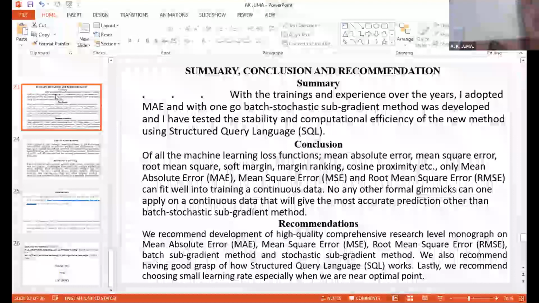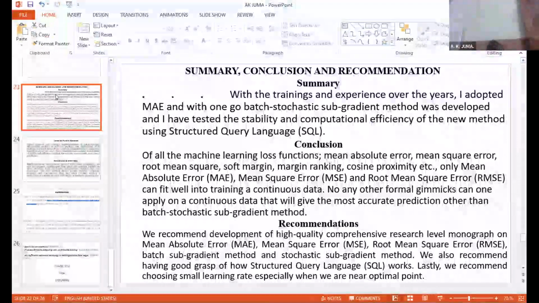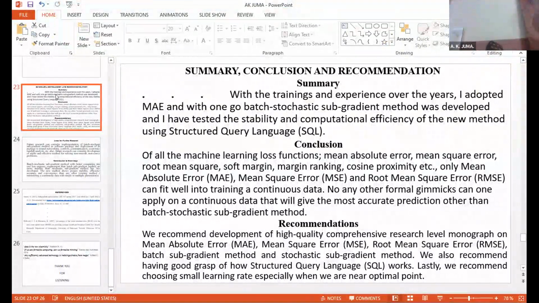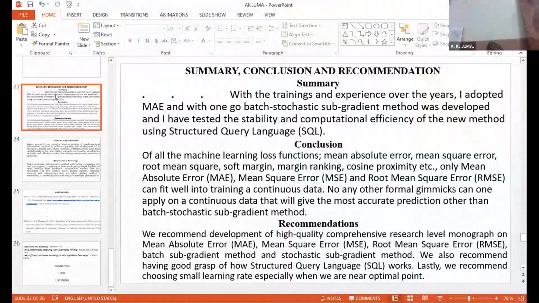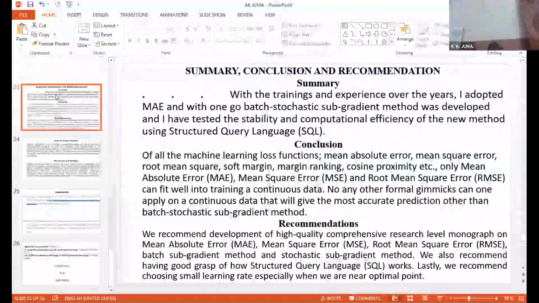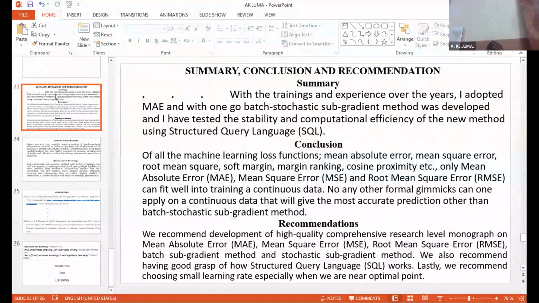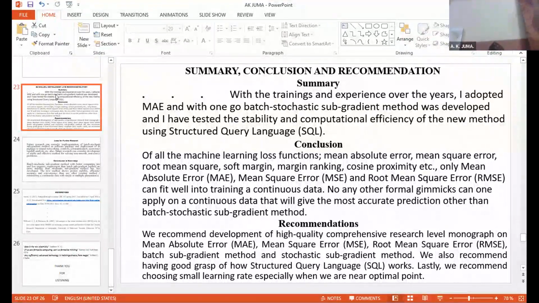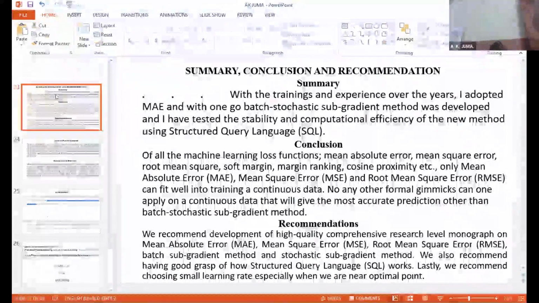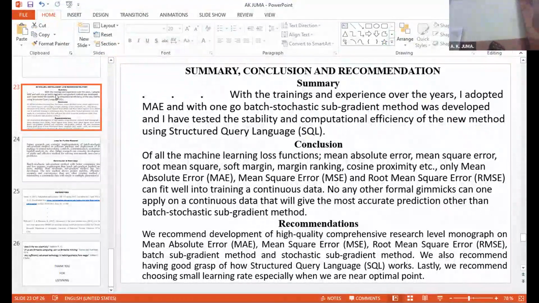We recommend development of a high quality research-level monograph on mean absolute error, mean square error, root mean square error, batch sub-gradient method, and stochastic sub-gradient method. We also recommend having good graphs showing why we make use of SQL and how SQL works. Lastly, we recommend choosing a small learning rate, especially when we are near the optimal point, because if we pick a bigger learning rate, we will likely be fluctuating around the feasible region.